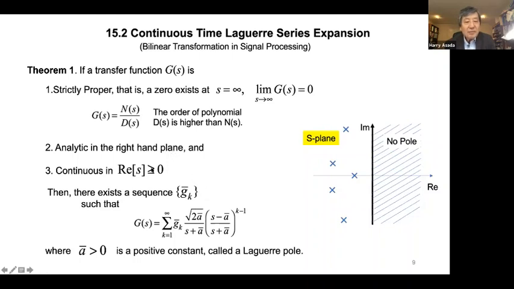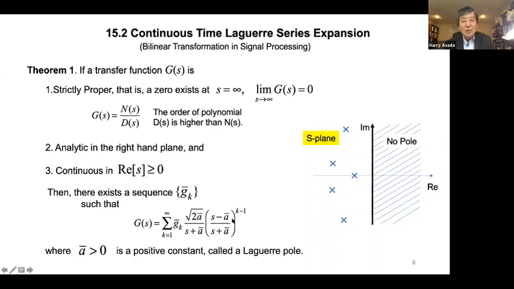If these three conditions are met, then there exists a sequence \bar{G}_k such that G(s) can be expanded into this weird function. The coefficient is \bar{G}_k, which is a little different from the original FIR coefficient. It comes with a bunch of first order systems, (s minus a) over (s plus a), to the power k minus 1, with k equal to 1 to infinity.